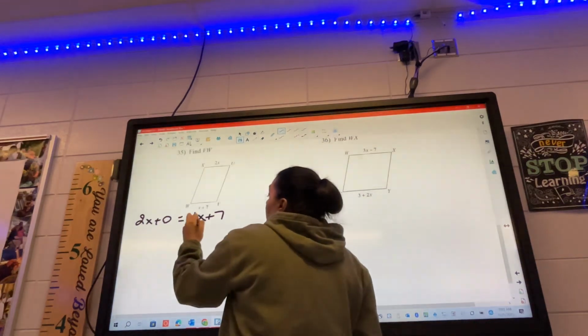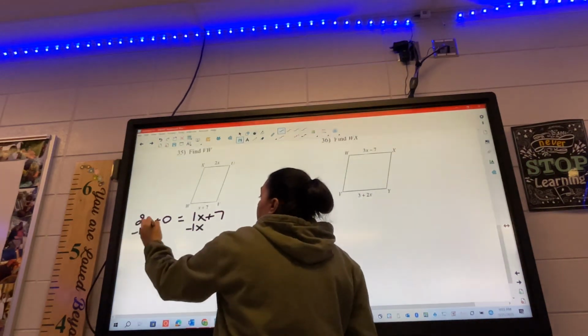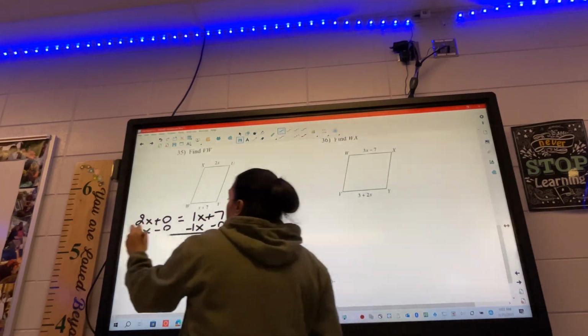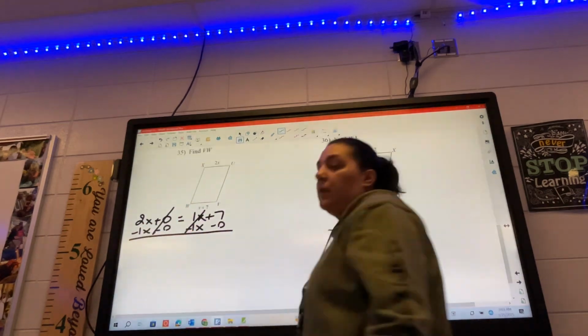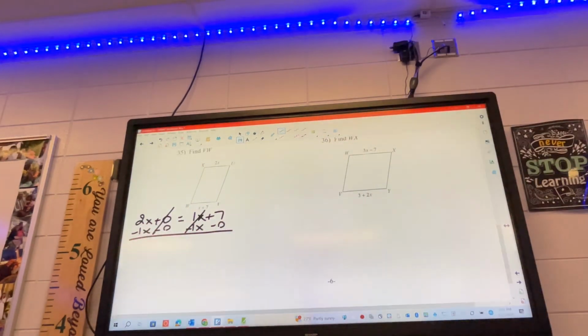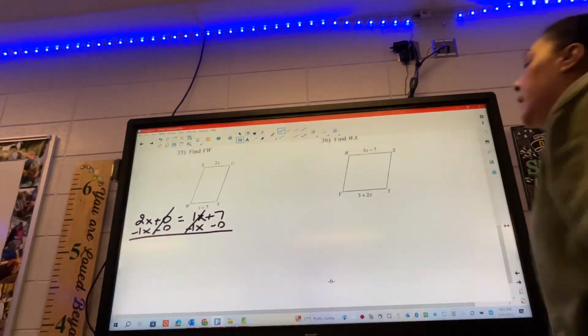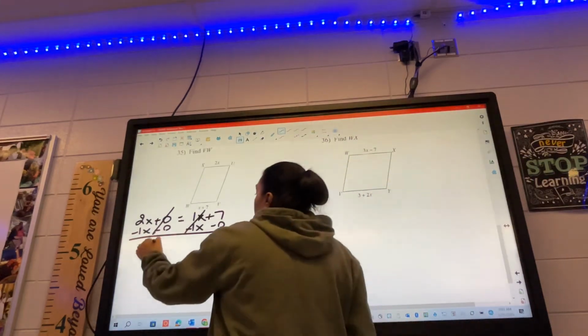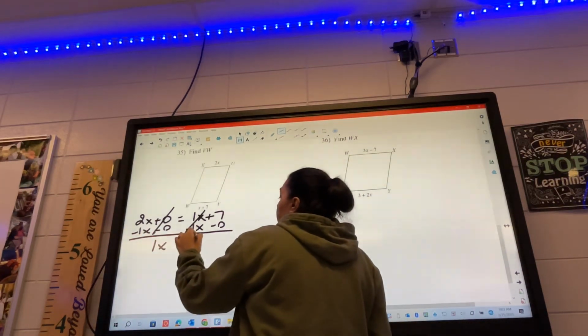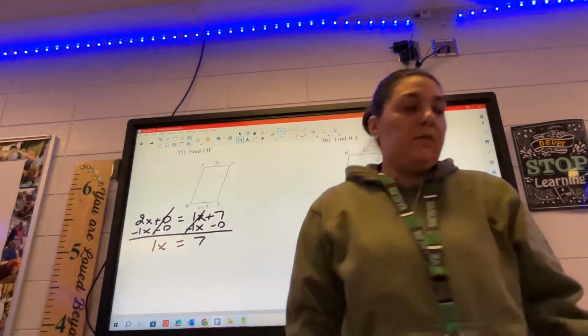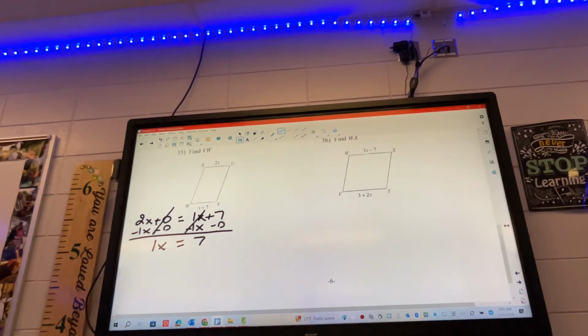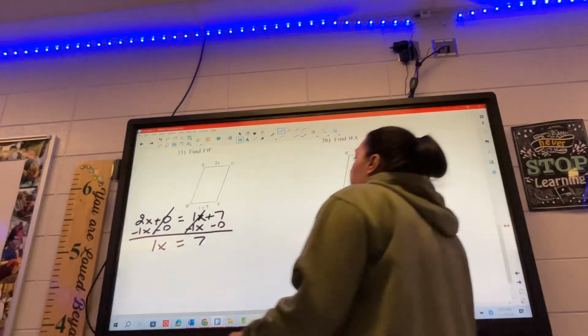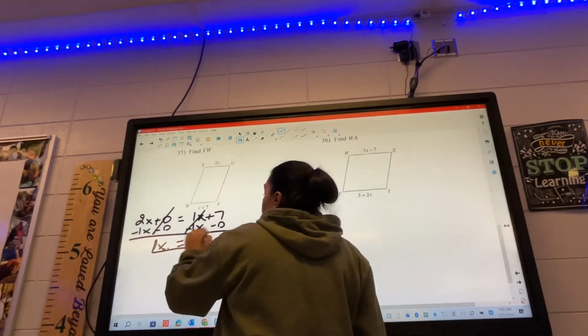Okay, we're going to say minus 1x, minus 0, minus 0. Okay, so 2x minus 1x is 1x. 7 minus 0 is 7. Okay, and then we're going to divide both sides by 1, which is going to still give you 7.